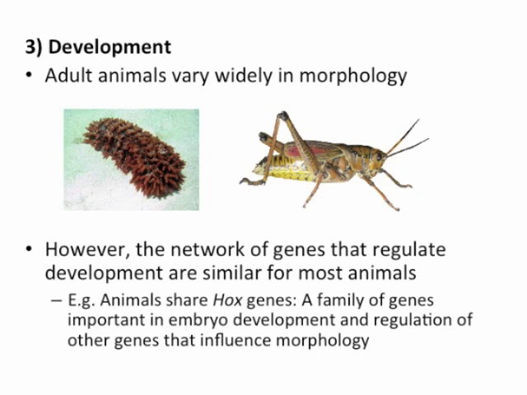And the very beginning of development is pretty similar for most animals. For example, there is a group of genes called Hox genes, which you don't need to remember the name of. It's a family of genes that's pretty important for embryo development and regulation of other genes that influence morphology, and those genes are the same in virtually all animals.